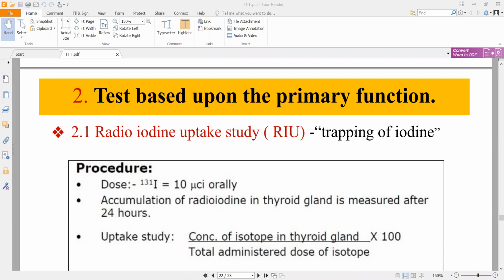When they combine with each other, they will give you DIT and MIT, that is diiodotyrosine and monoiodotyrosine, the two iodine and one iodine moieties. They combine with each other to form a triiodothyronine molecule, or two diiodotyrosine molecules will combine with each other to form a tetraiodothyronine molecule. So you will get T4 and T3 with that, right?